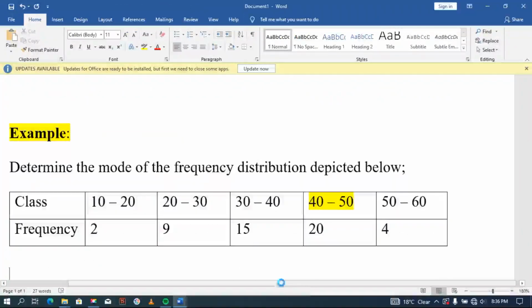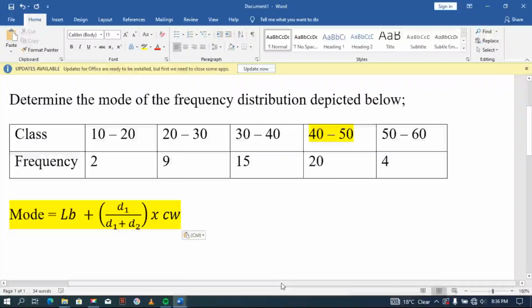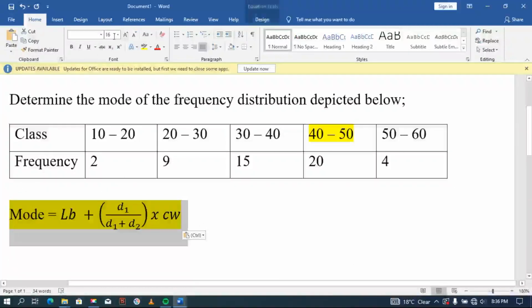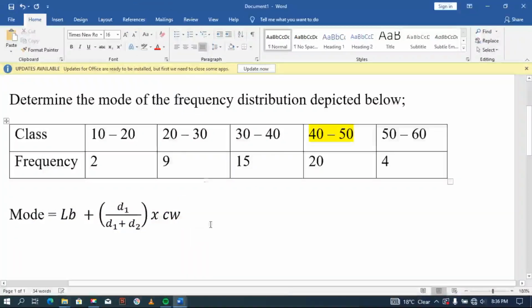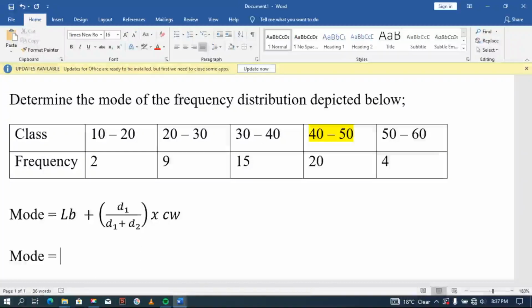The mode is given by LB plus D1 over D1 plus D2 times the class width. Having already determined our modal class, we can move on to find our mode. The lower class boundary is 40 and the upper class boundary is 50.